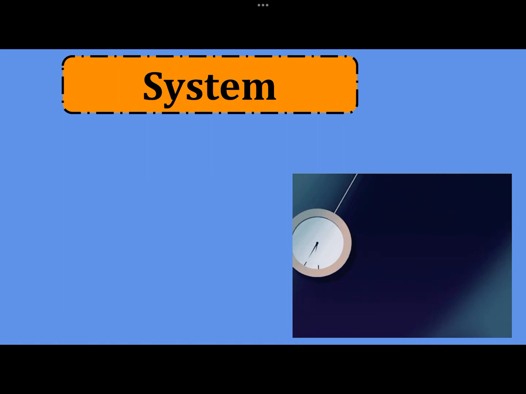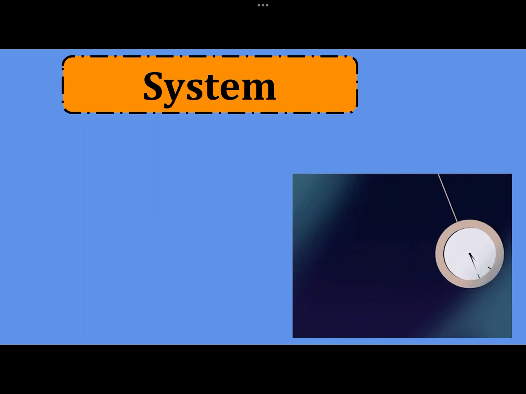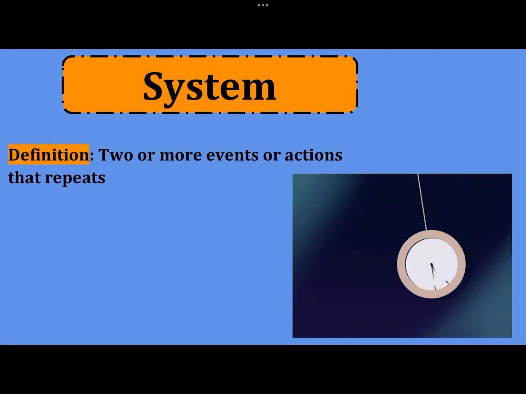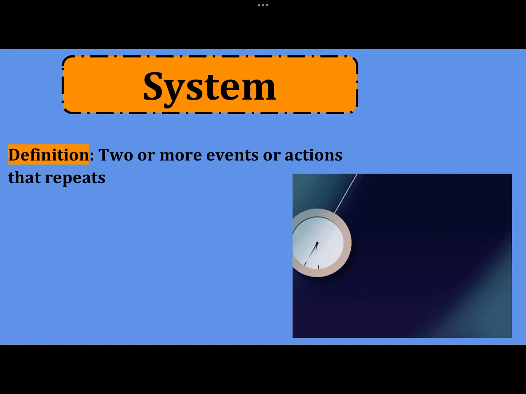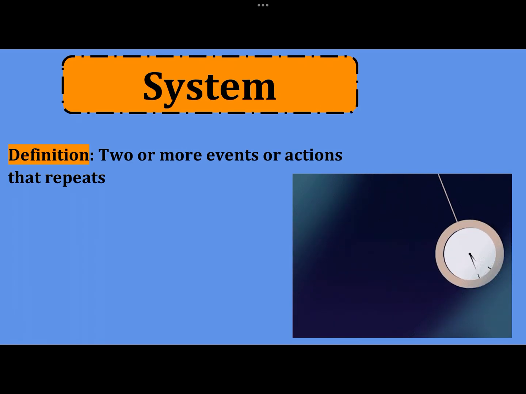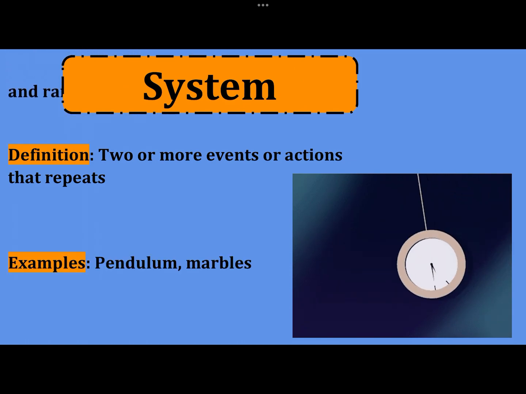So our vocab for this section of quarter one starts with the system. When we define a system, and we defined this back when we did the pendulums as well, it's two or more events or actions that repeat.